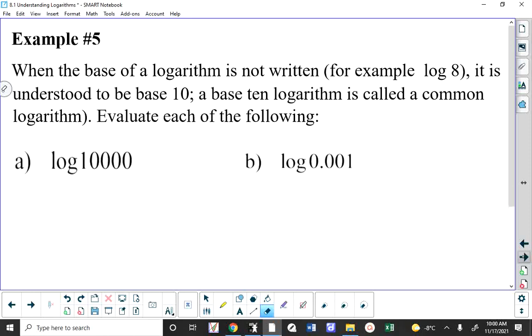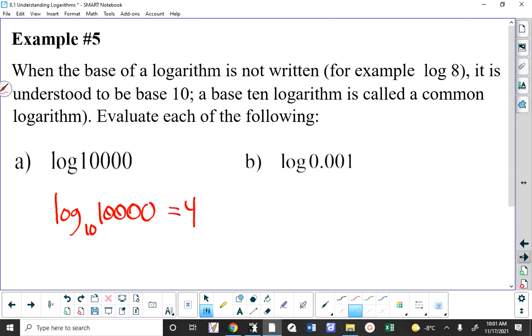So what is log of 10,000? That's saying, what is log base 10 of 10,000? And that is saying, to what do you raise 10 to get 10,000? Well, 10,000 has 4 zeros, so 10 times 10 times 10 times 10 would give you 10,000, and this gives you 4.